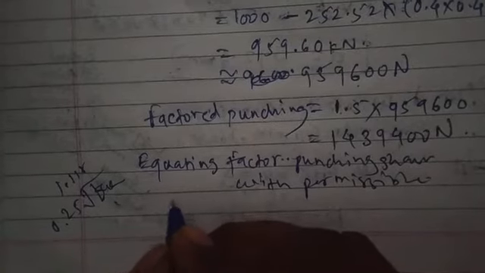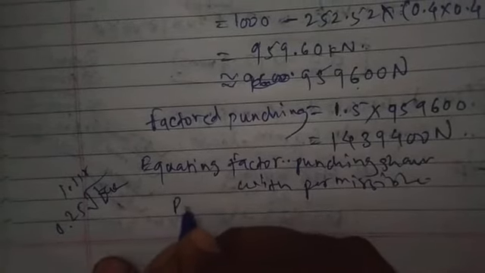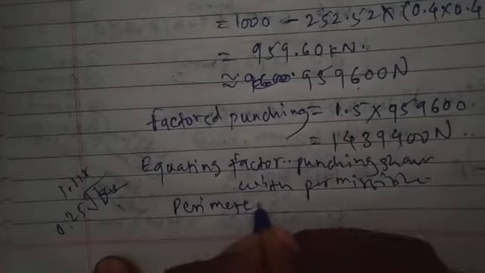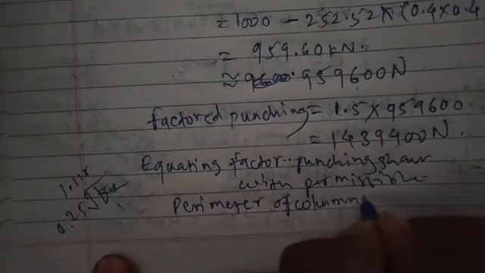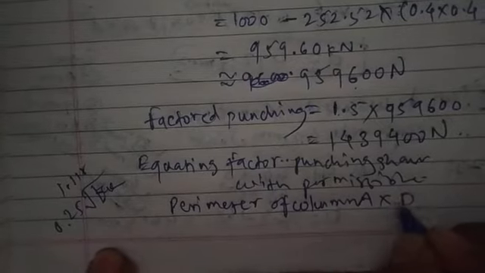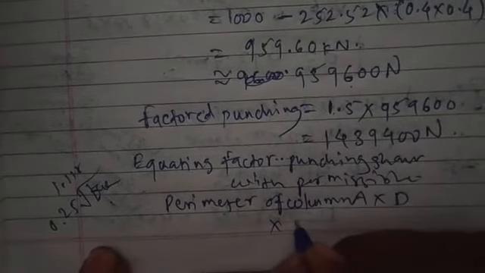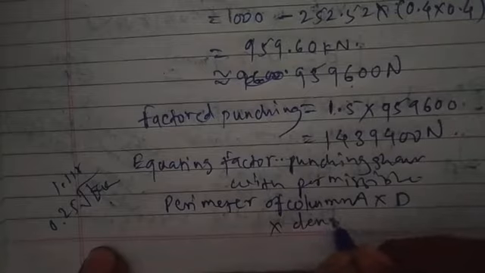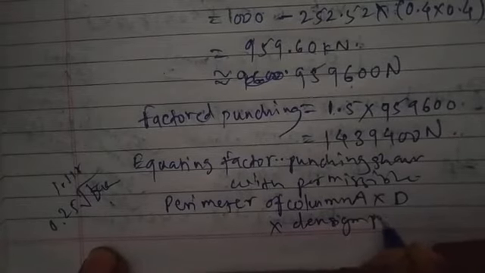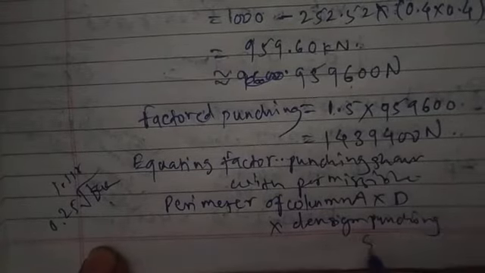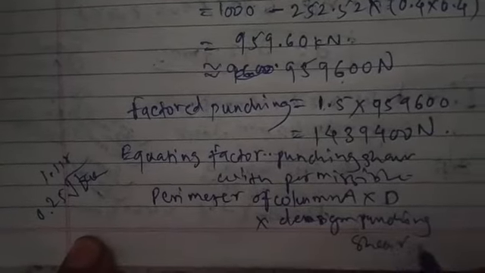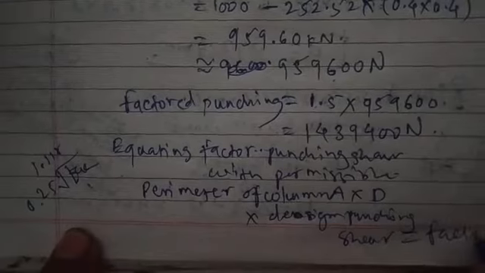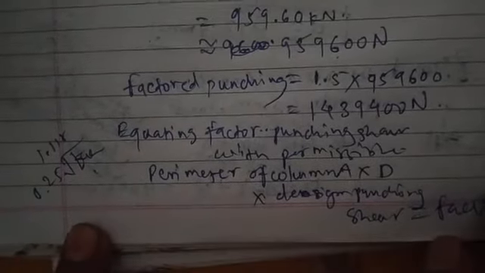It is perimeter of column A into D into design punching shear, equal to the factored value which we have calculated. Now we'll equate these two.